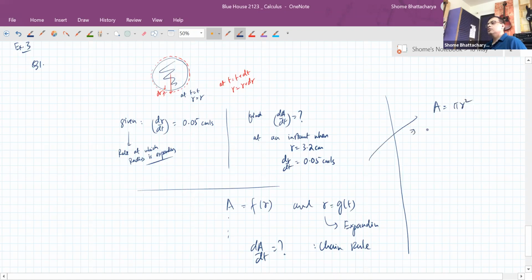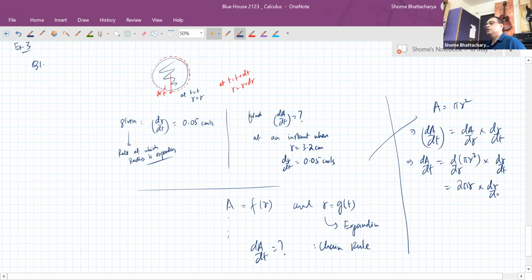So the rate of change of A with respect to time is the rate of change of A with respect to radius into the rate of change of radius with respect to time, because A is a function of r and r itself is a function of time. So dA by dt is the differentiation of pi r square with respect to r into dr by dt. So this is 2 pi r into dr by dt.